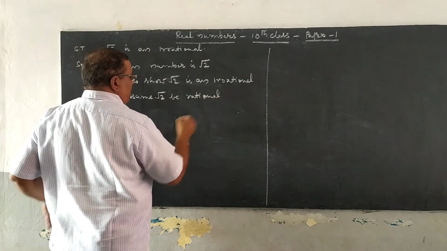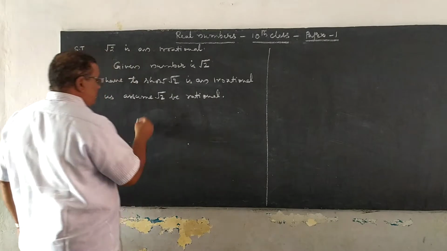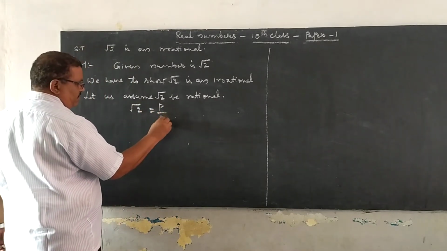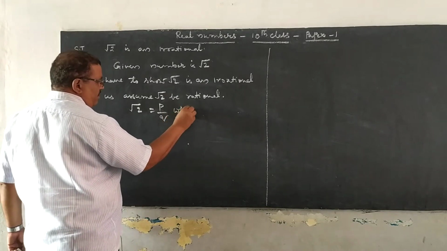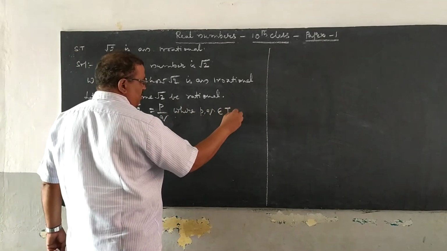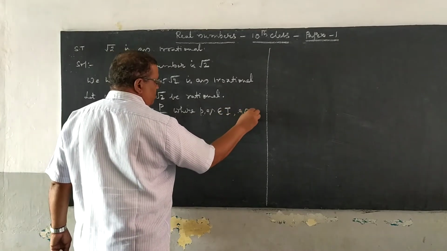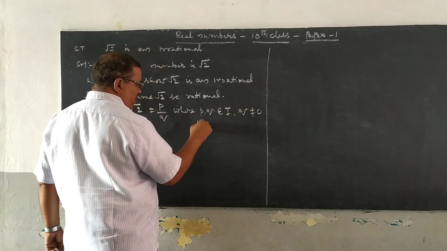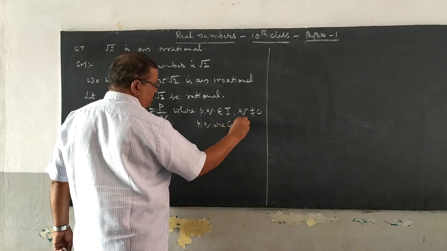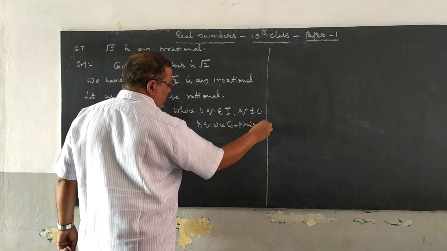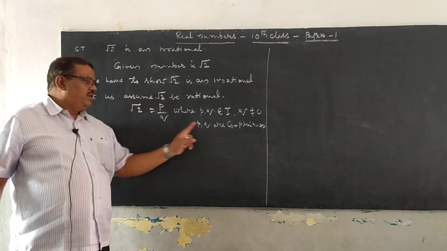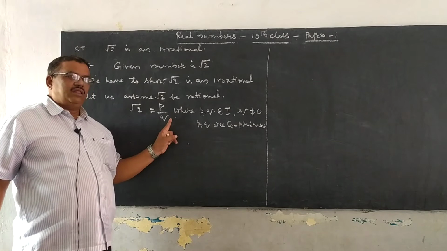According to the definition of a rational number, root 2 can be taken as P by Q, where P, Q belong to the set of integers, Q not equal to 0, and P, Q are co-primes. They have no common factor other than 1.